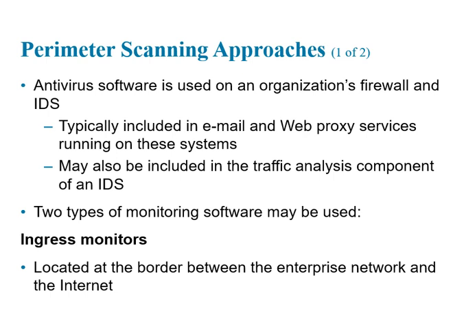Now they integrate together. Two types of monitoring software can be used. One is ingress, meaning incoming traffic level scan, right? Located at the border between the enterprise network and the internet. Later we can see an example of how these security tools are deployed in session 10.